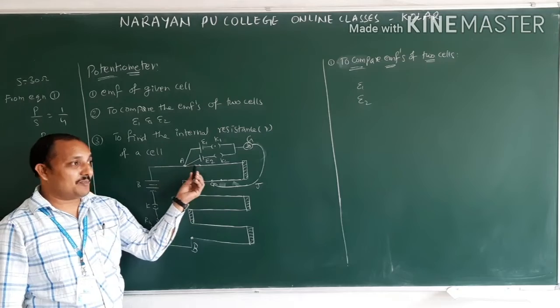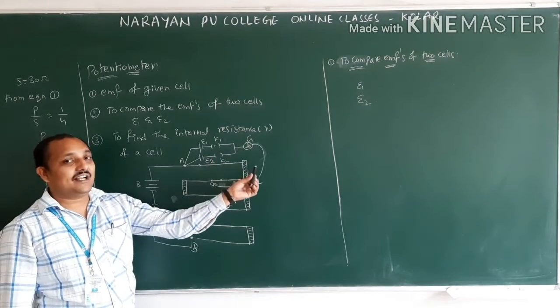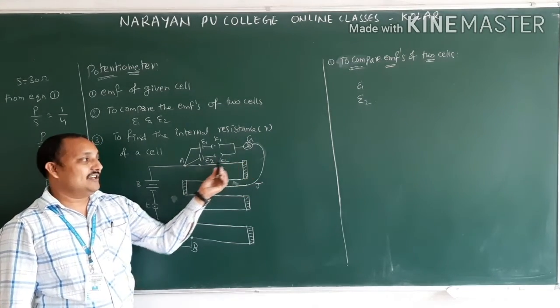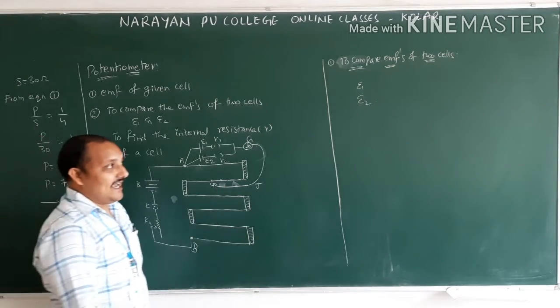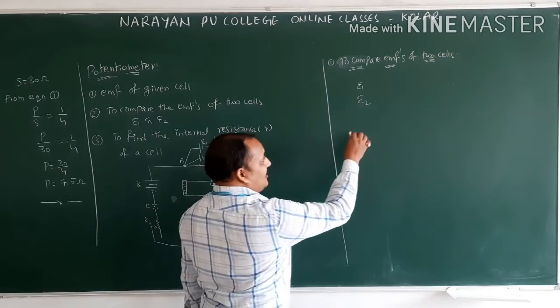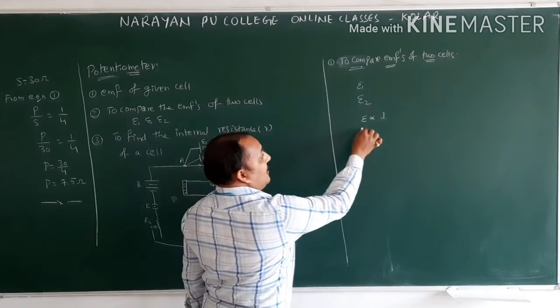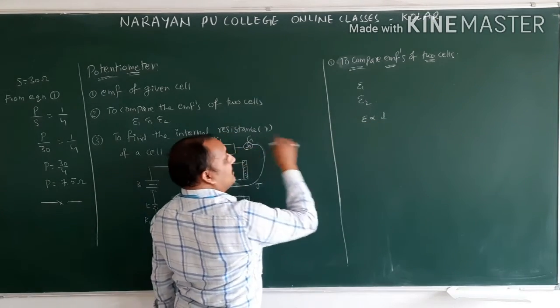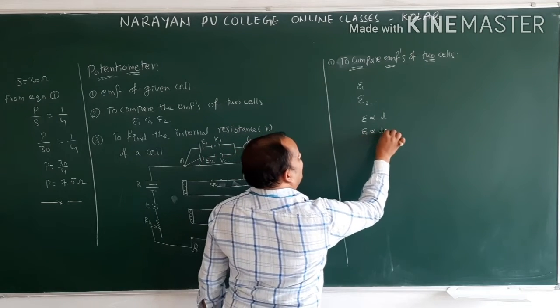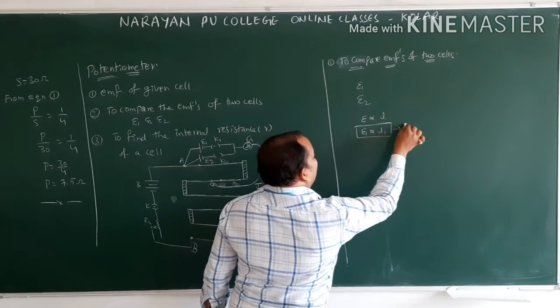Move the jockey on the potentiometer wire until you get null deflection in the galvanometer. Then you get the first balancing length. According to the principle of potentiometer, E is directly proportional to L. Therefore, for the cell E1, E1 is directly proportional to L1. Call it equation number 1.